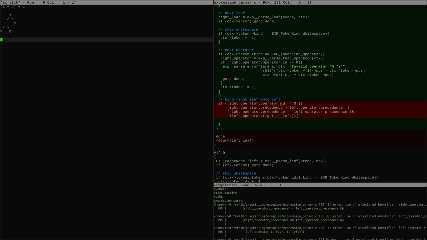But if you're in the situation where you've got A equals B equals C, then it looks like this when it's done.